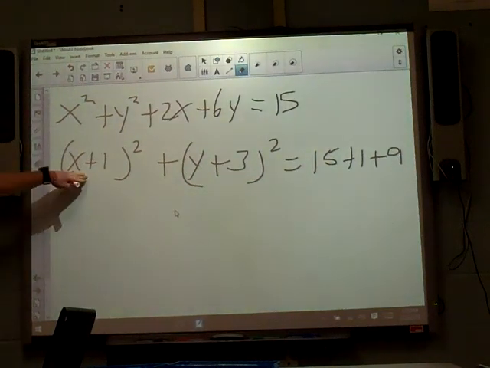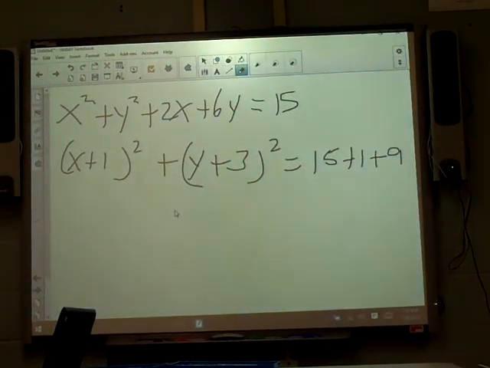Okay, so Mason said my center was -1, -3, and that's correct. Let me get a new color so we don't lose that. -1, -3 up there at the top in green. There's your center. Okay, I got a little bit of work to do to find my radius. 15 plus 10, right?